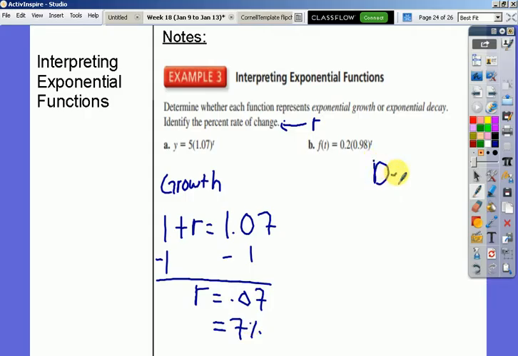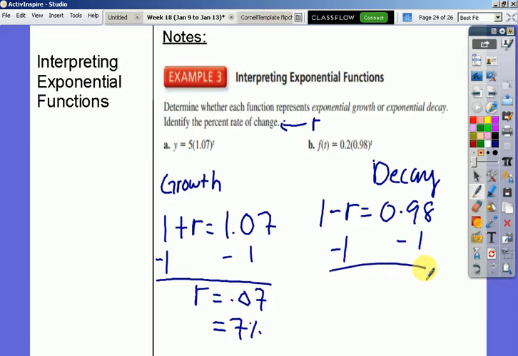What about the next one, growth or decay? Decay. How do you know? Less than 1. So what do we do in this case to find the value of R? We also need to remember that we have a negative, so we have to switch the sign as well. So we have 1 minus R equals 0.98. Then I subtract it from 1 to make sure that I get a positive value.